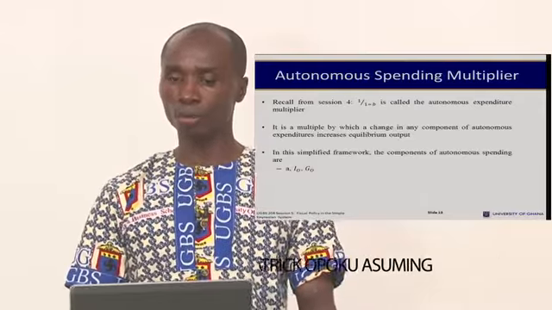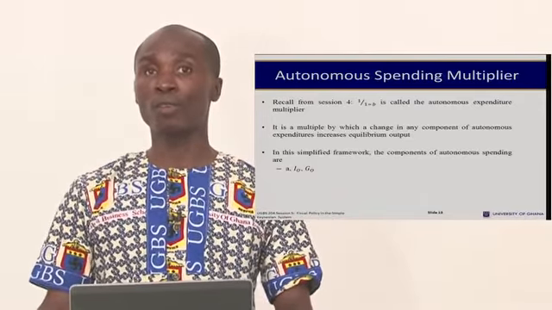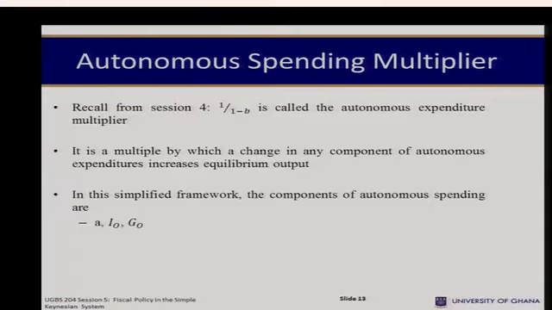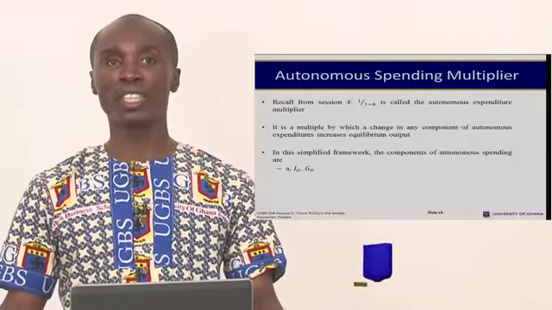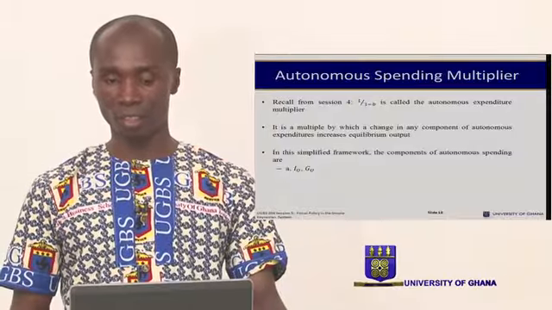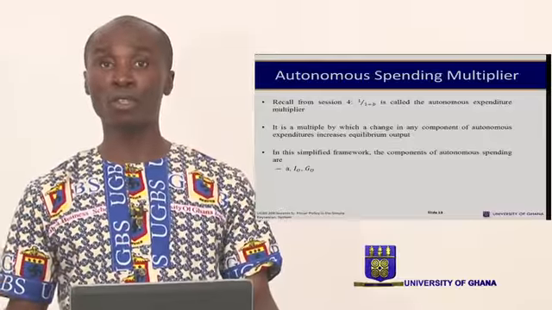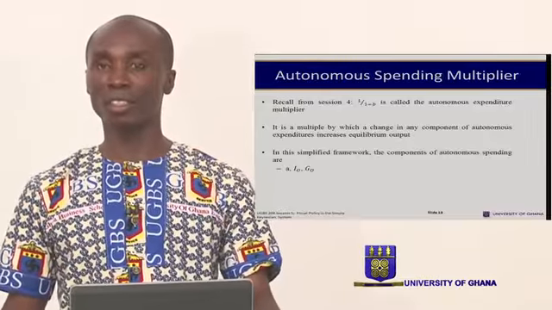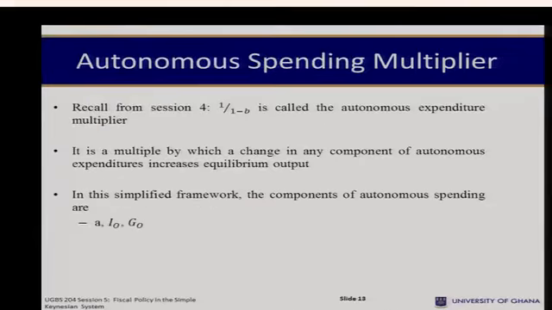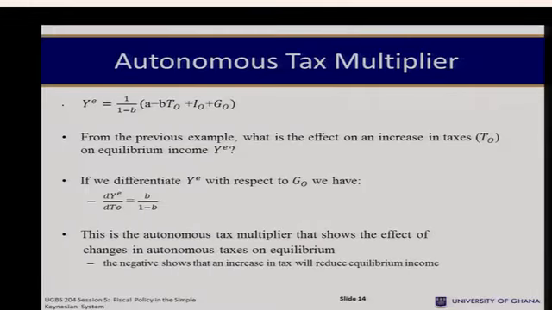We showed that it was 1 over 1 minus B. It essentially tells us the multiple by which equilibrium income will change when any of those components change. Here in the simplified framework, the components of autonomous spending are A, I0, and G0. So if any of those change, then equilibrium income will change by a multiple.